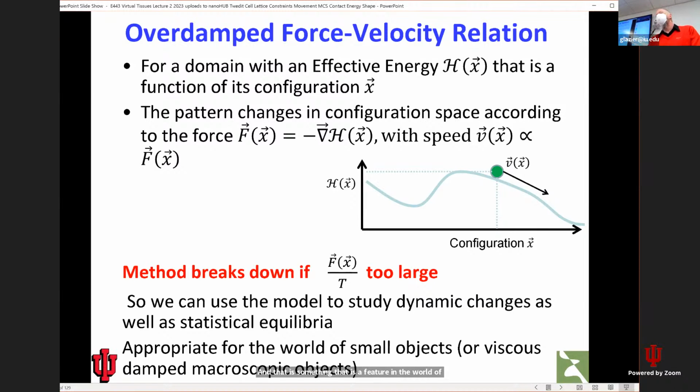If I wanted to model rockets moving in space, then they follow what's called Newton's law: force is proportional to acceleration. In the world of cells, I have very high viscous damping. The fluid environment of the cell means that if I stop pushing on something, the cell stops moving immediately.